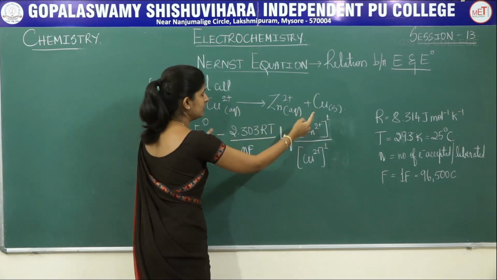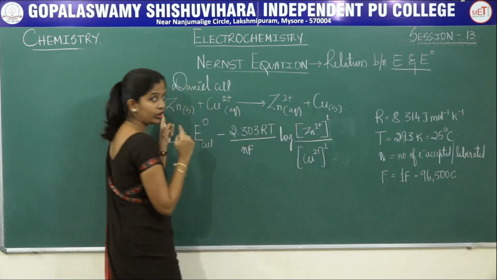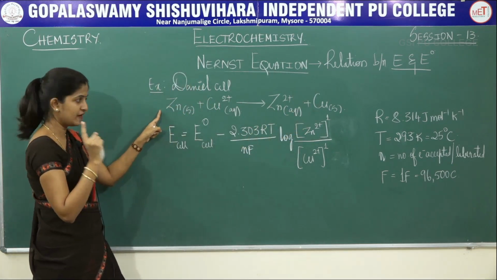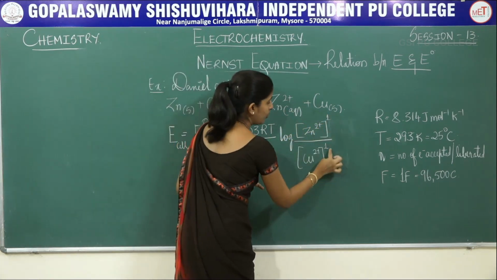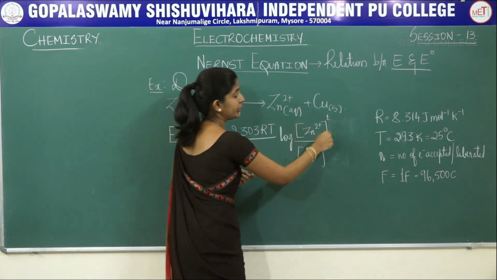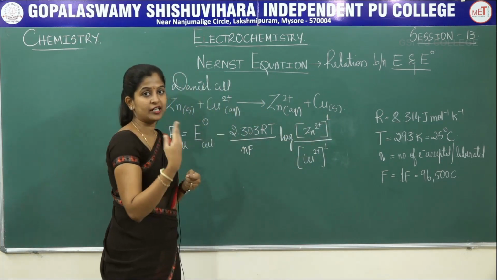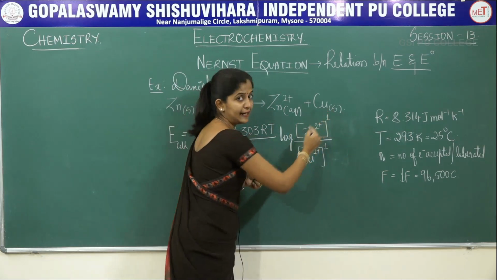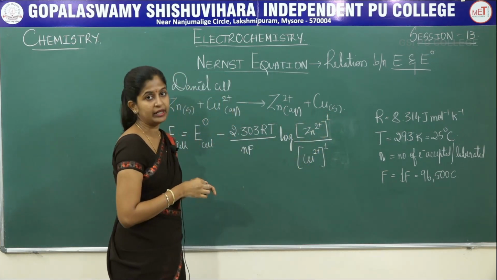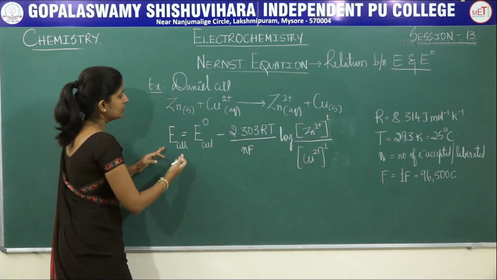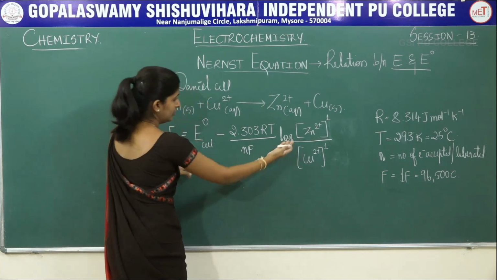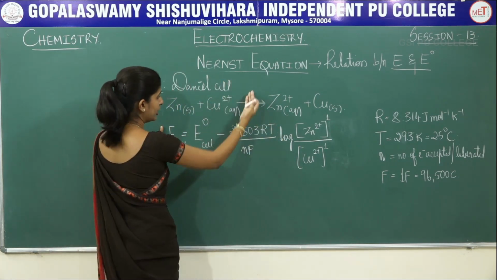Since here the stoichiometric coefficient is 1, I have raised it to 1, which means one and the same, the concentration of zinc. If it is 2, 3 or other, you have to raise it to the respective stoichiometric coefficient. So this is your Nernst equation for your Daniell cell.